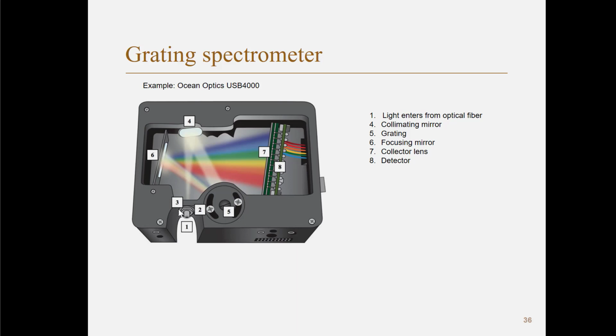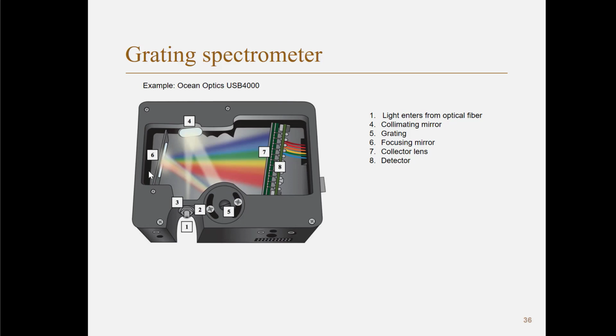And from this the light is expanded out, and over here it hits a collimating mirror. So here you have a collimated beam of light, which hits the grating, which sits underneath here. And from the grating different colors come out in different directions.